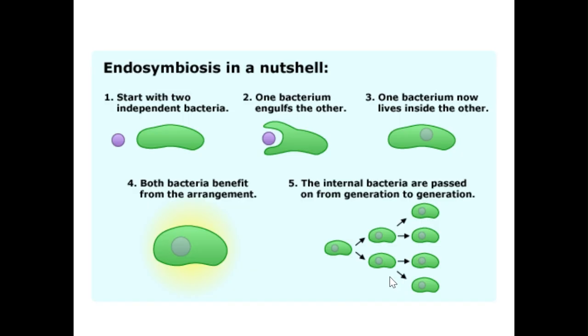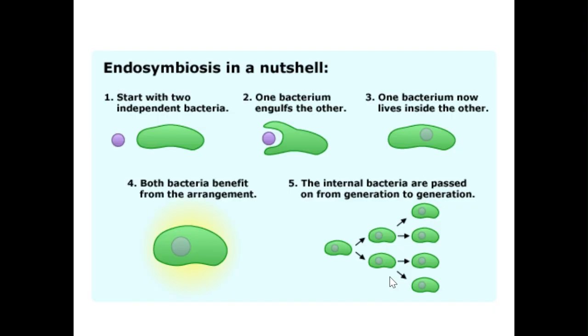So one bacteria now lives inside the other, but instead of the green bacteria digesting the purple bacteria, it paused, or maybe it couldn't digest it. Maybe there was a mistake, but somehow something happened so that the purple bacteria wasn't digested.